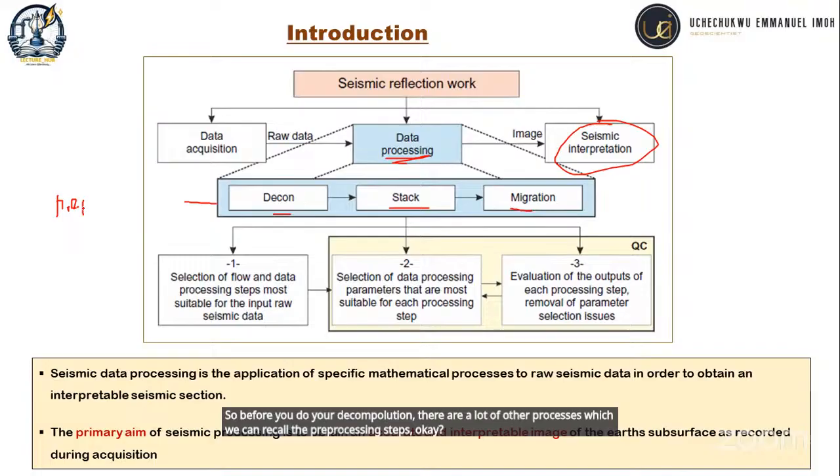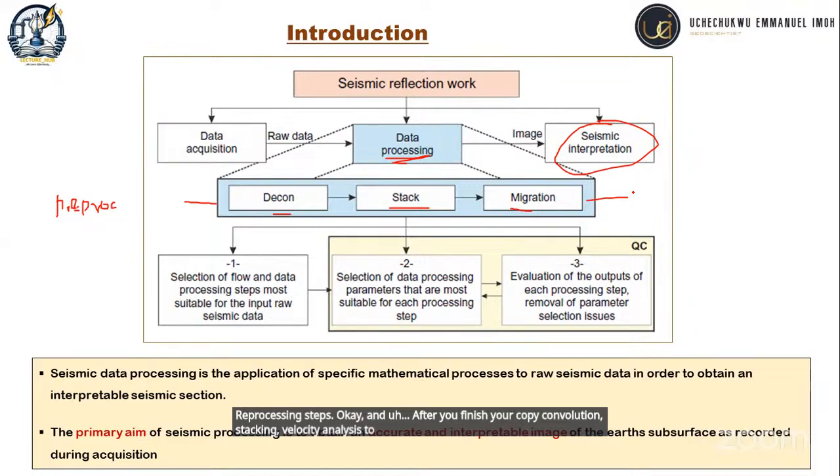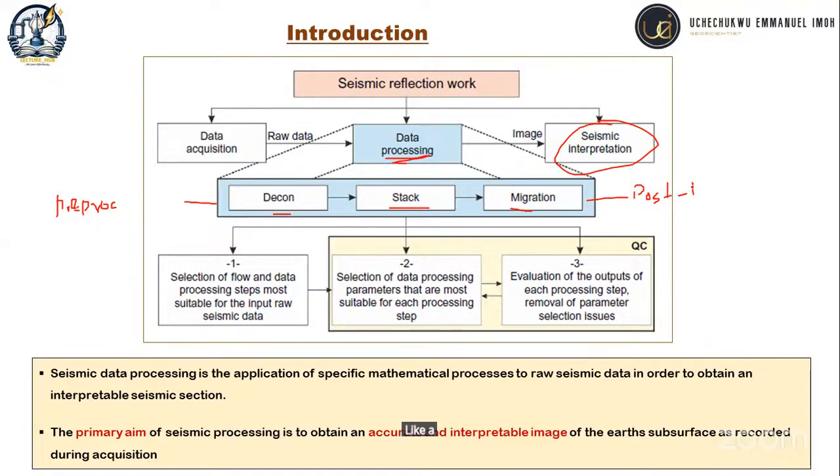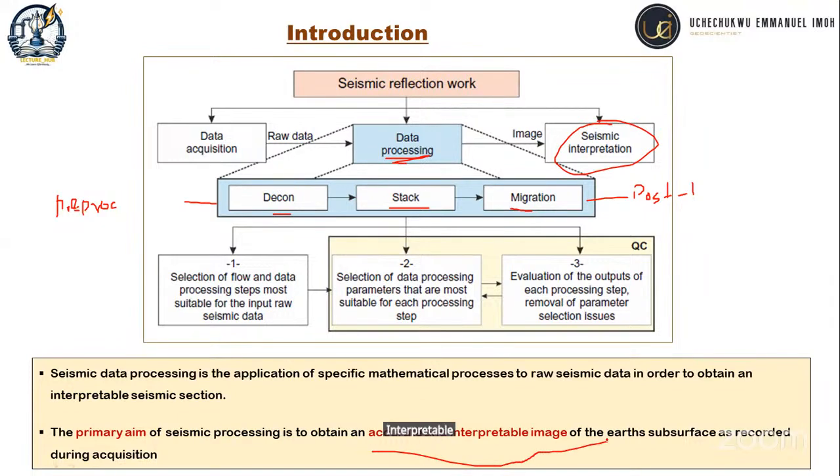And after you finish your deconvolution, stacking, velocity analysis to migration, you can call the rest post-processing steps. Whatever you do after migration is called post-processing or post-migration steps. But in all, the primary aim of doing processing is to make the seismic data become what? Interpretable. An interpretable image of the subsurface that you've acquired in the field.